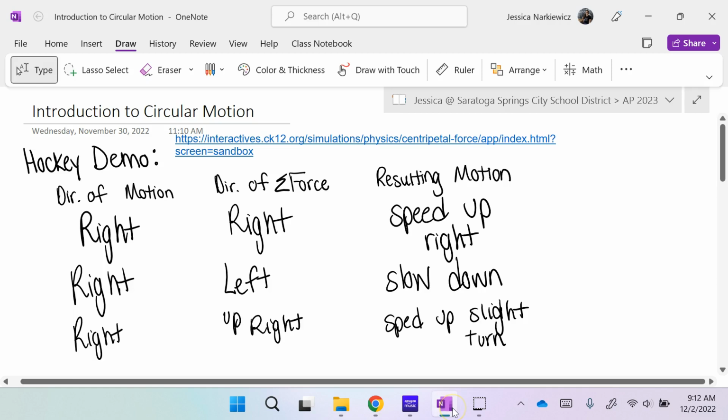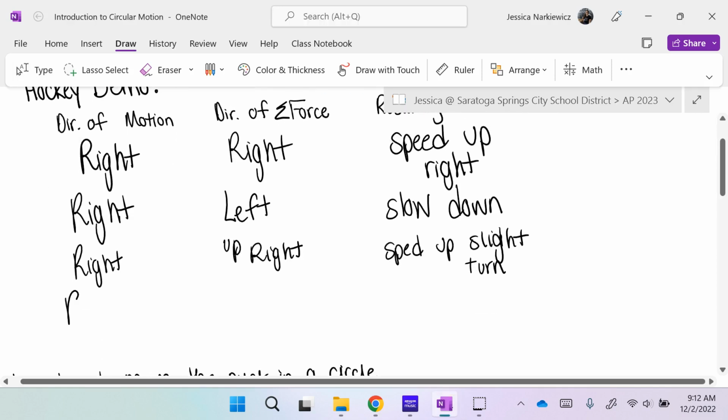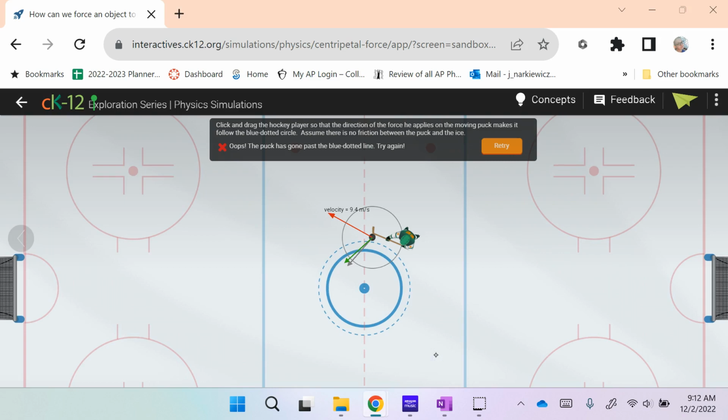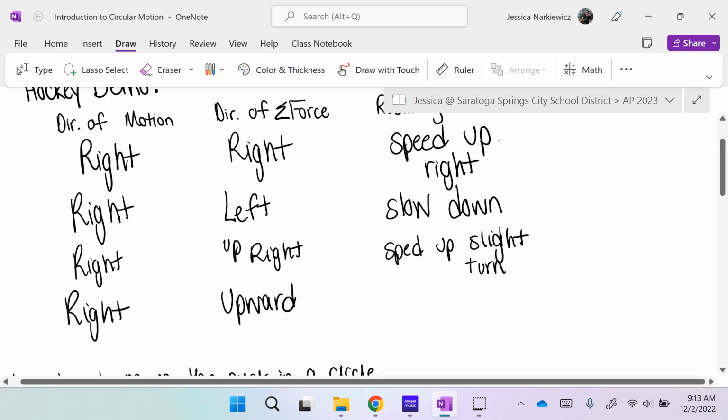All right. So I'm seeing that if I have a rightward velocity and an upward force, my velocity is increasing a little bit, but I think that's because I'm not doing a very good job of positioning him perfectly upward. I think I'm doing a little bit rightward as well.